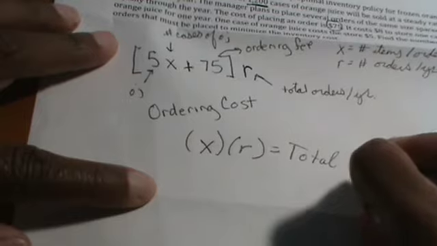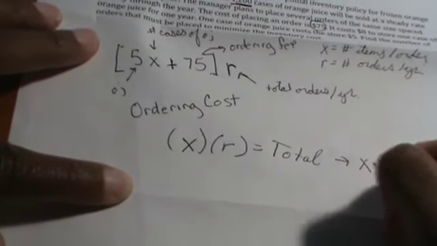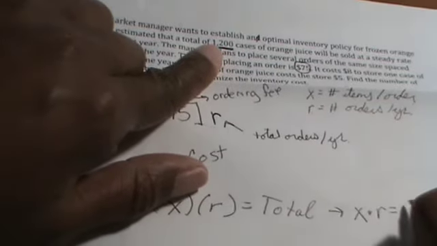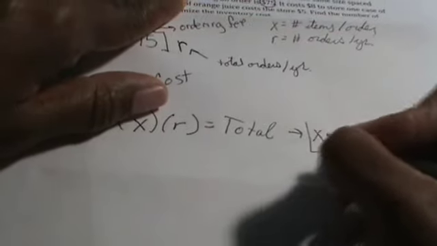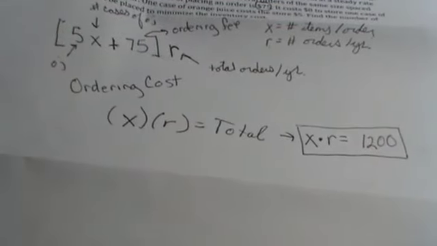Okay, so in this scenario, we have X times R equals, let's go back up, it's right there, 1,200 cases. All right, so I'm going to clean this up because I have things in various spots, but I think that's going to be okay because I plan on starting basically from scratch in the next video.